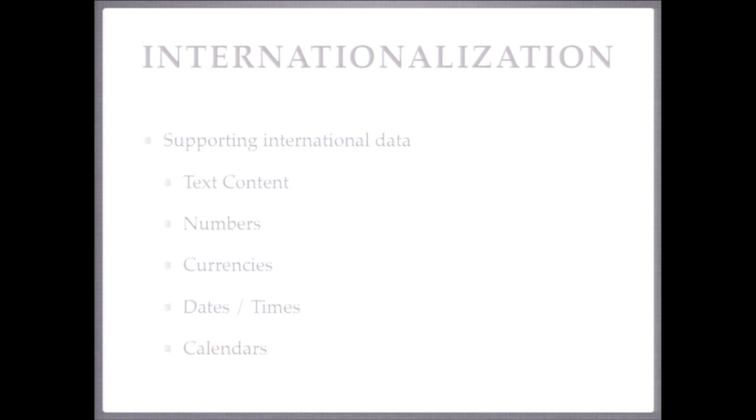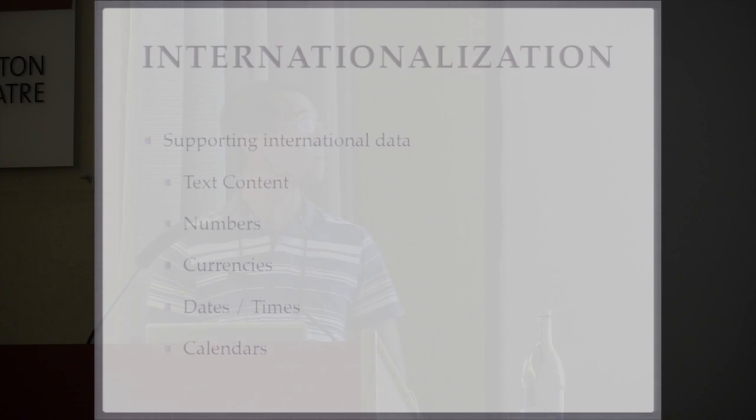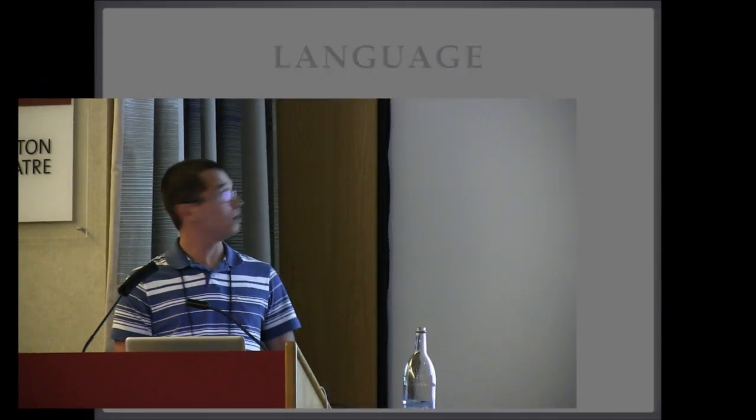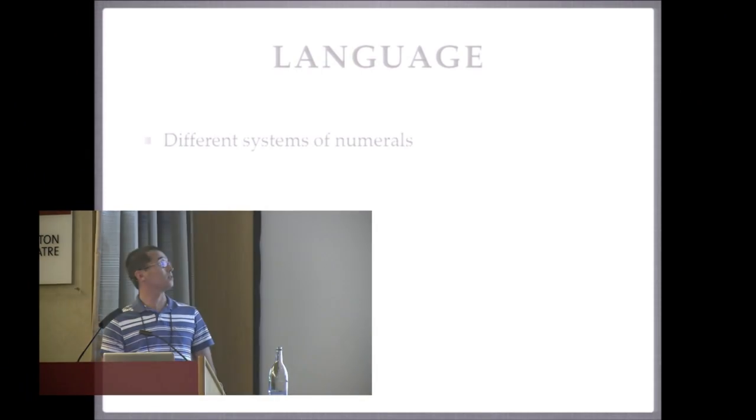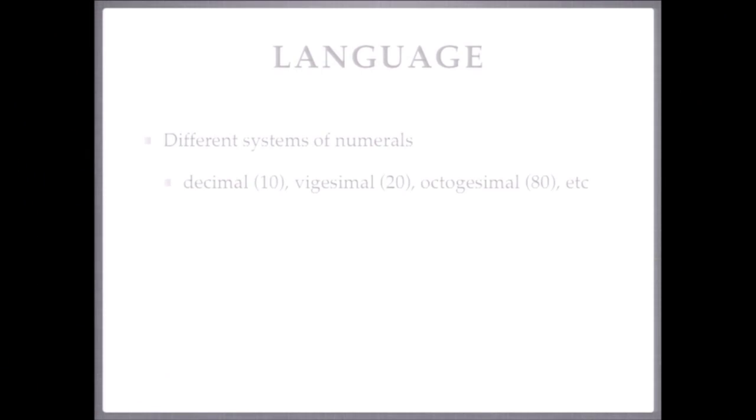Internationalization is about supporting international data, which can be text content, numbers, currency, dates, times, and calendars. Also language, for example, different systems of numerals. We use decimals, but there are some cultures that use vigesimal, like French, from Celtic, and Danish.